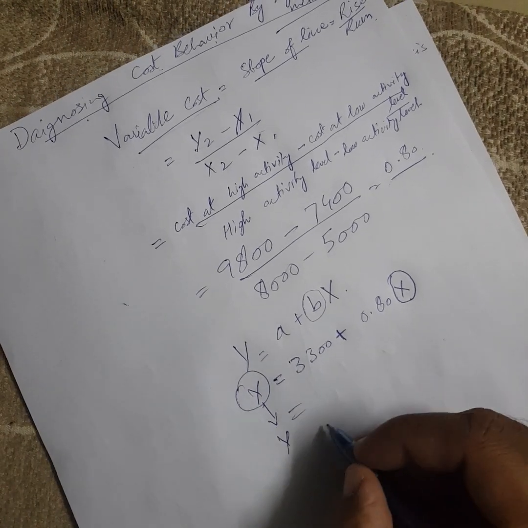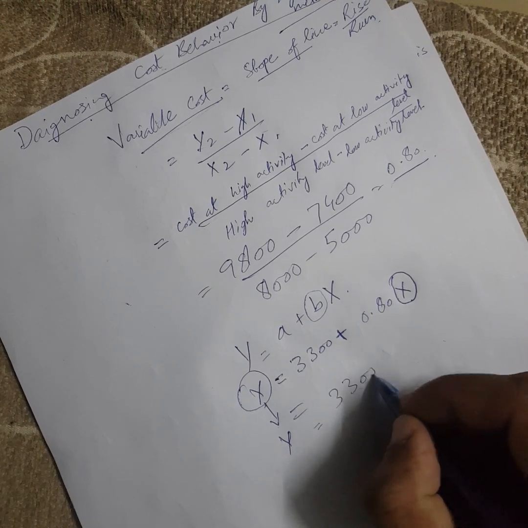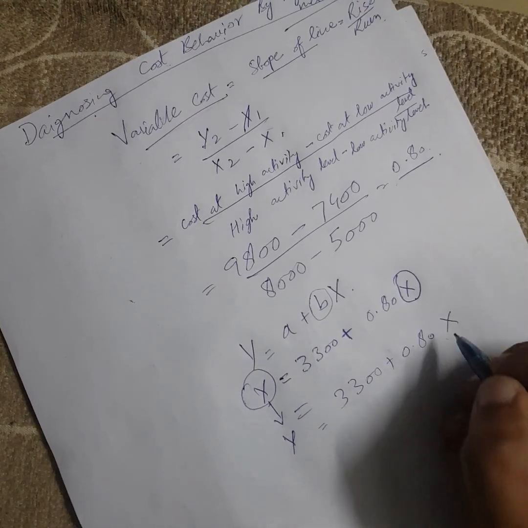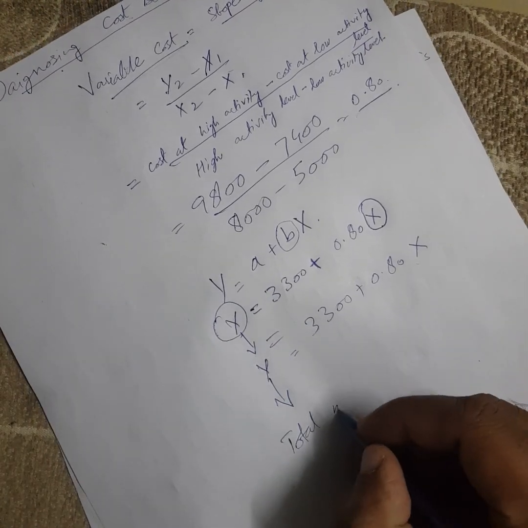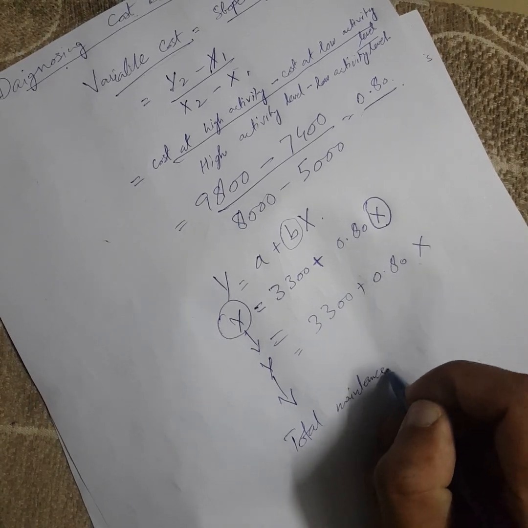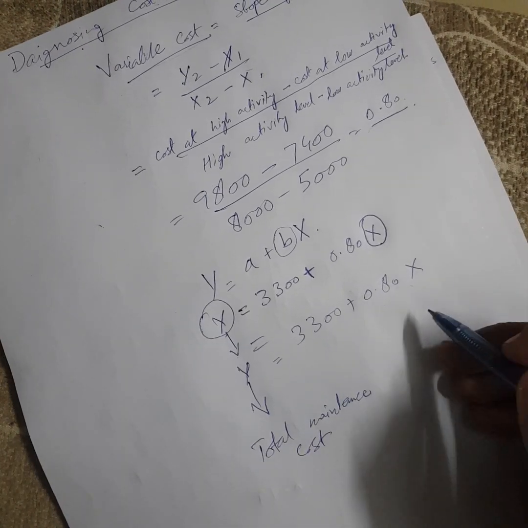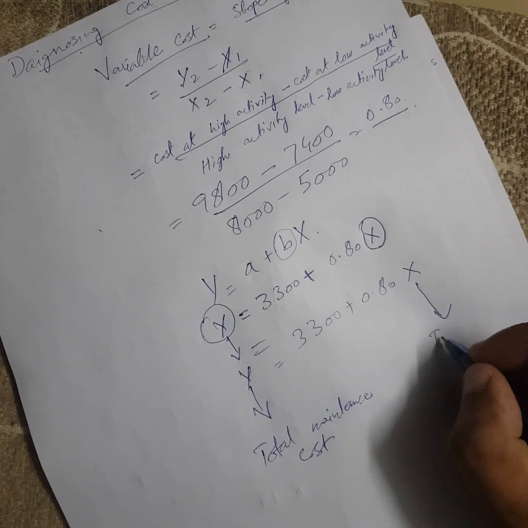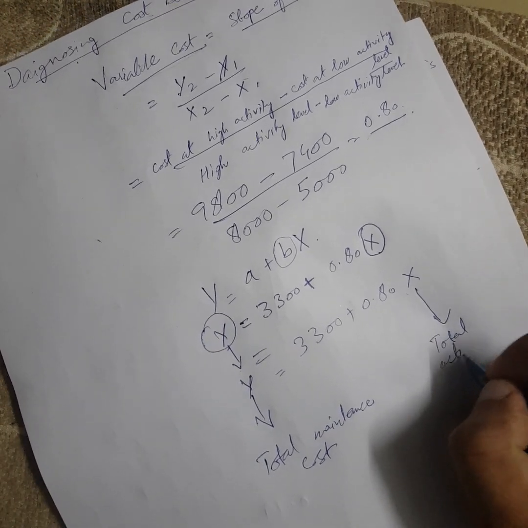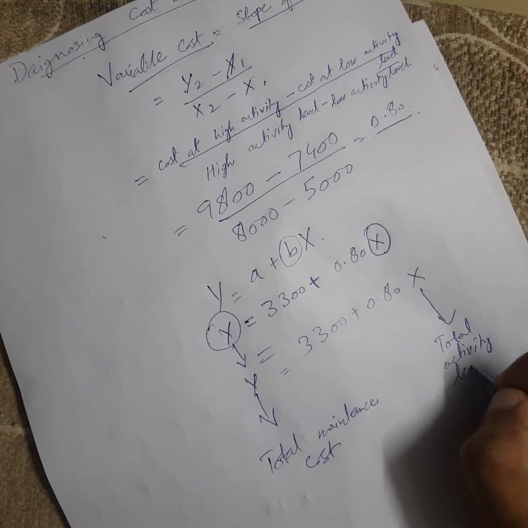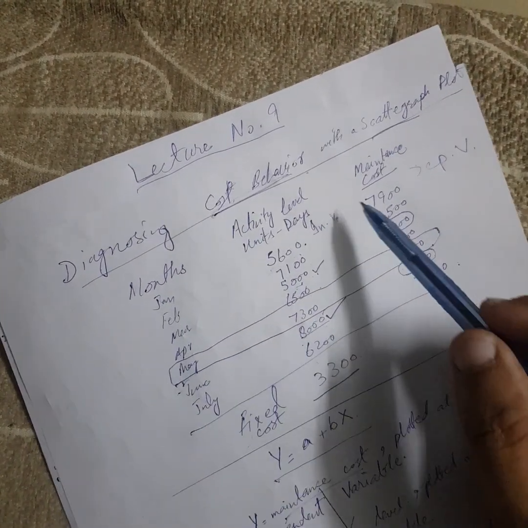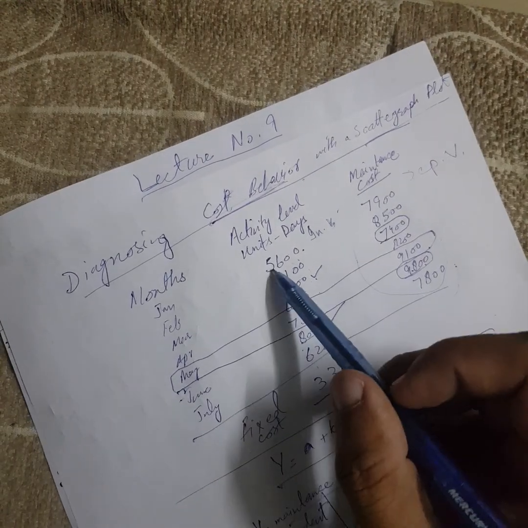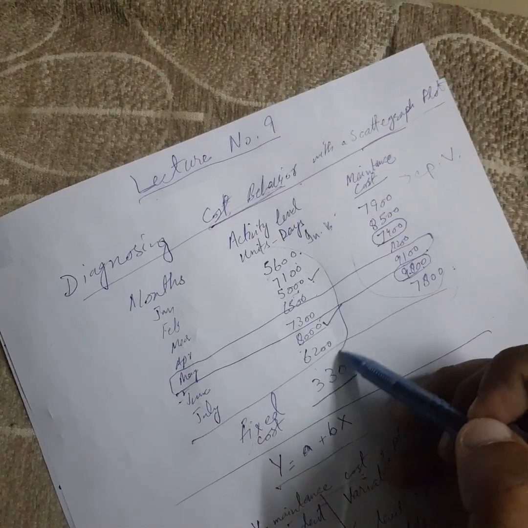To make this concept easy for you, I can say that this is total maintenance cost and this is total activity level. If they say to calculate the whole 6 months maintenance cost, you can add these, as well as the 6 months activity level, you will add these.